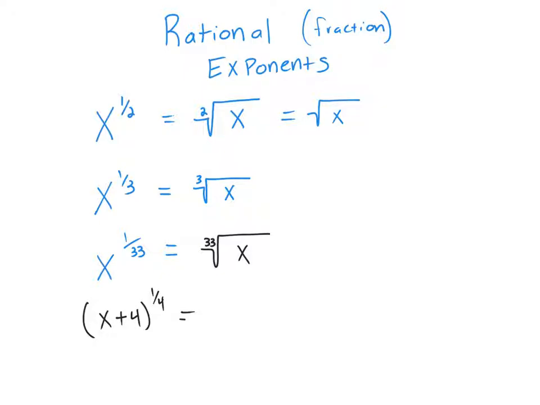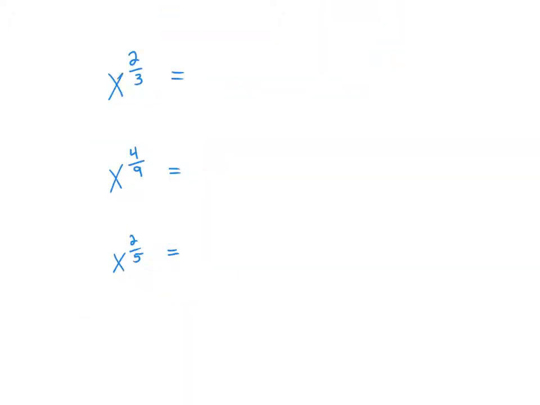So what we have to do is draw a radical symbol. Our little 4 sits out on the side, and what goes inside is the stuff in the parentheses, x plus 4. I don't expect that you'll see very many of these, but when you approach calculus, you'll really need those rational exponents to help you.